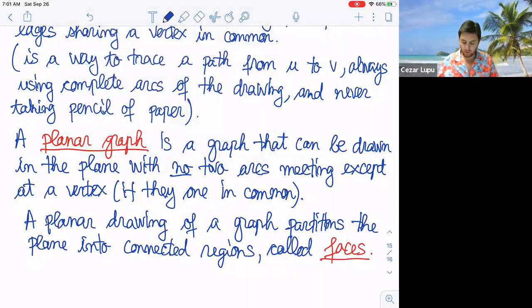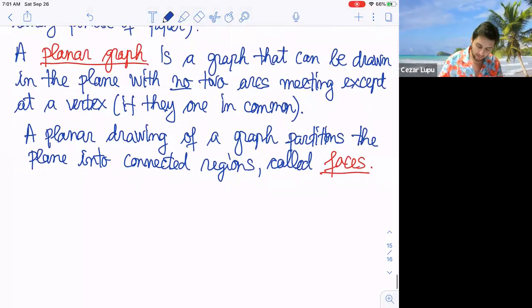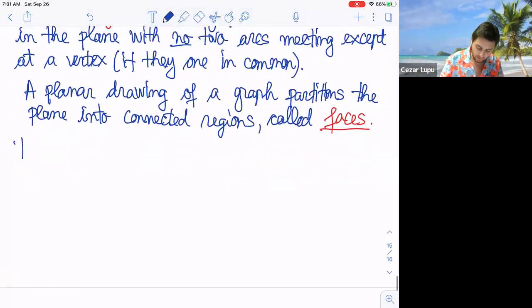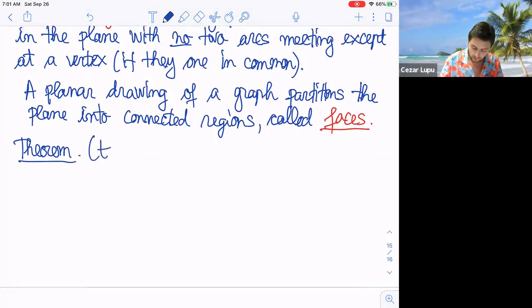Well, now we have the following theorem of Euler. He discovered the following remarkable formula. This was due to Euler, among many other things that he discovered.